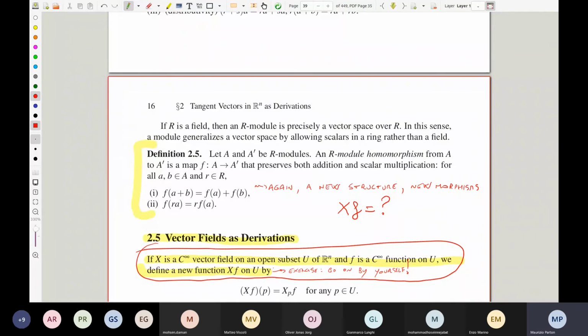Now, let's put things together here. We want to define a new function, okay? So in order to define a new function, Xf should be a function. So you should tell me what is its value at a point. Well, you have a vector field, meaning that given a point it gives you a vector.